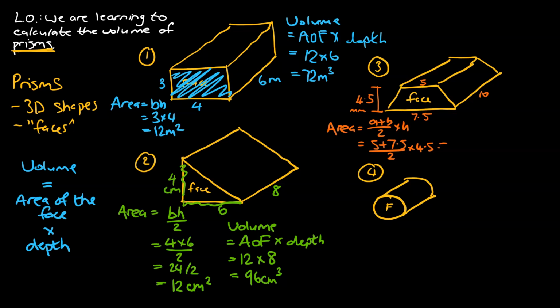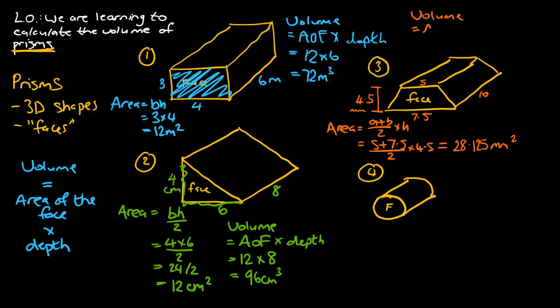And when you put that into your calculator, 5 plus 7.5, divided by 2, and then times by 4.5, that gets us to 28.125 millimeters squared.